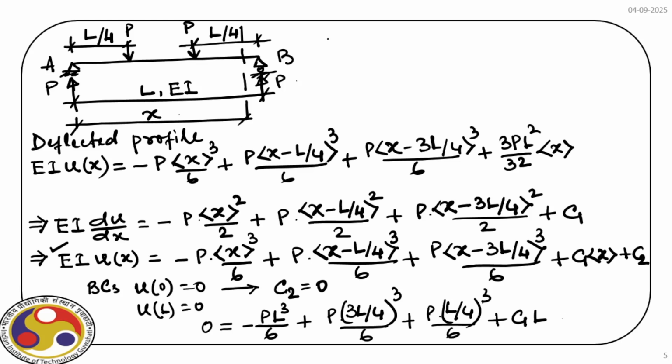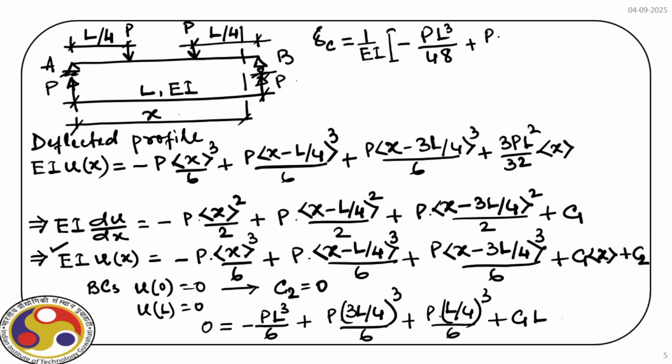Now, if we find out central deflection, for that we have to put x equal to L by 2 in this expression. So we have 1 by EI. Then the first term is minus P by 6 times (L by 2) to the power 3. So PL cube divided by 6 into 8, that is 48. Plus the next term we have P times (L by 2 minus L by 4).